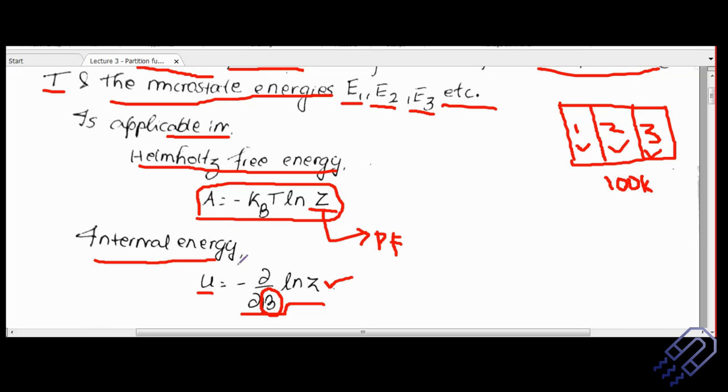So the internal energy is also this, and here also we have the partition function. The aim is not to derive Helmholtz free energy or internal energy. The aim is to understand the partition function. So before we understand it, we have to look into the application. It is used in Helmholtz free energy and internal energy, which is important.